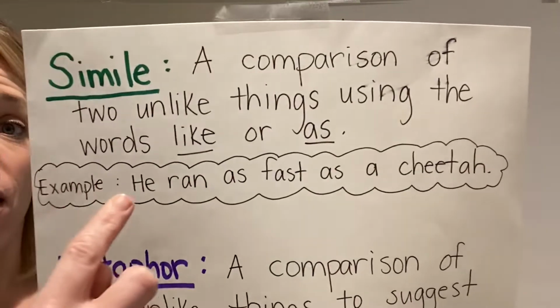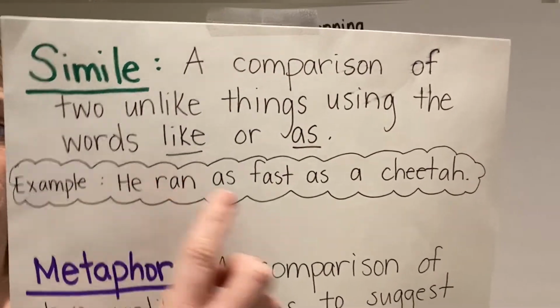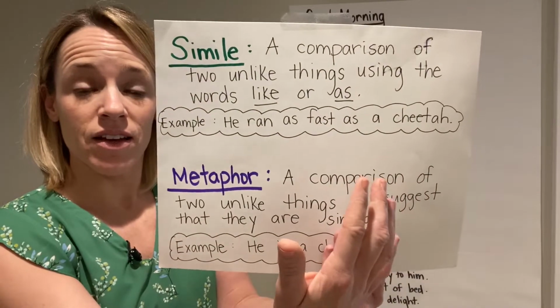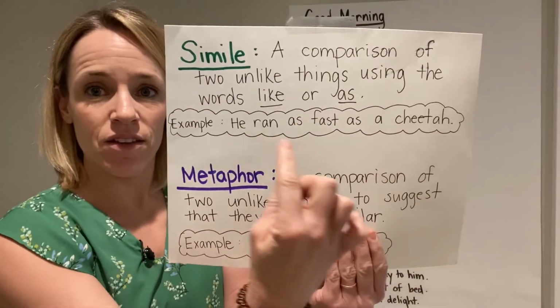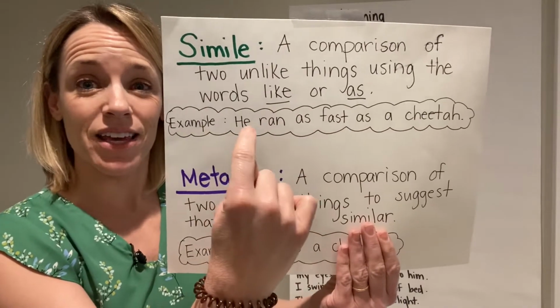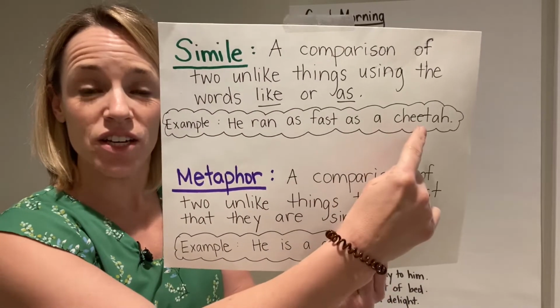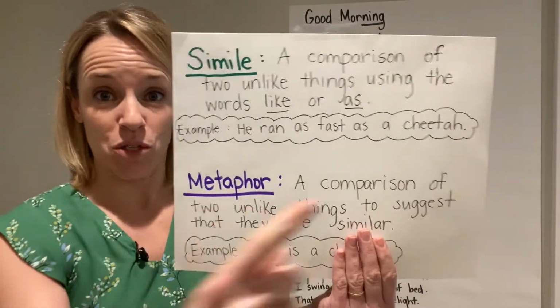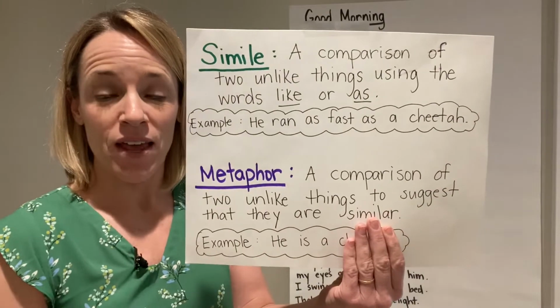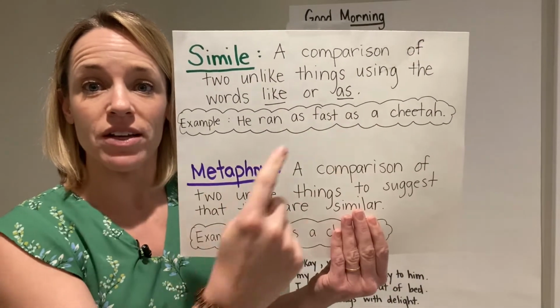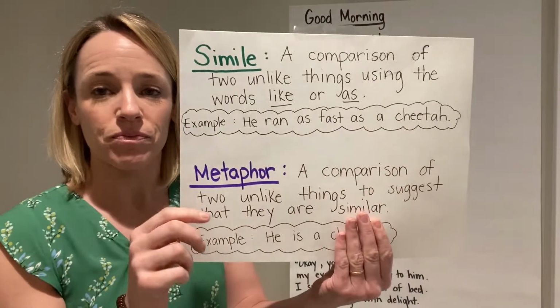So we're comparing a boy, he, to a cheetah to help us understand as the reader just how fast this boy was, right? We could say he ran fast, but when we say he ran as fast as a cheetah, it helps us to think, wow, he's really fast, because we know cheetahs are super fast, right? And since it's a simile, you can see the use of the word as. He ran as fast as a cheetah.